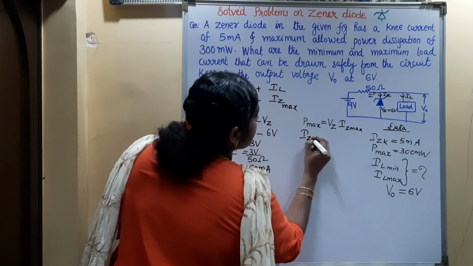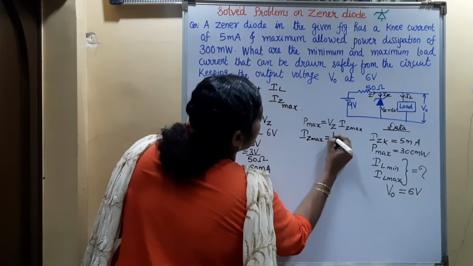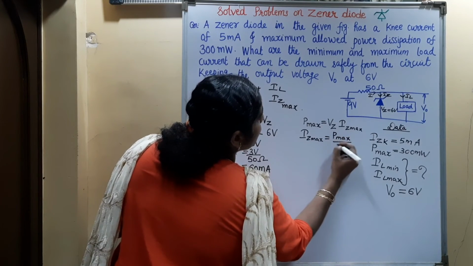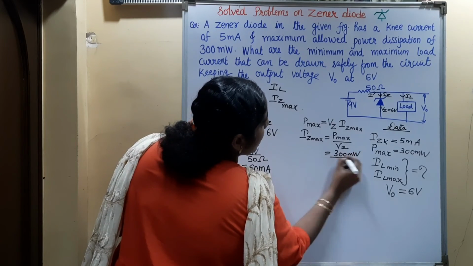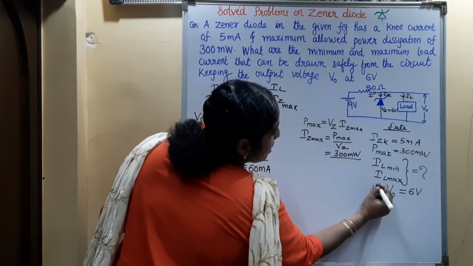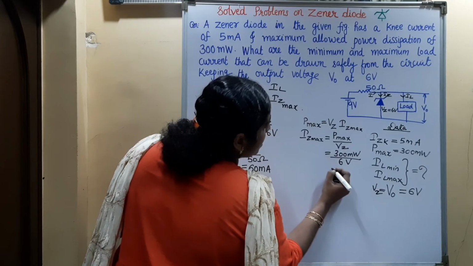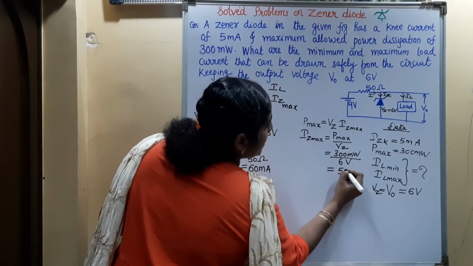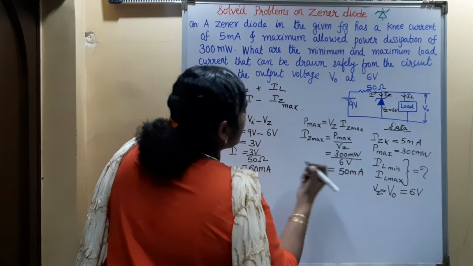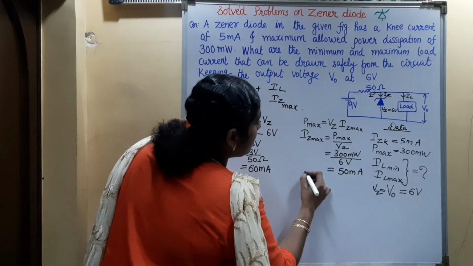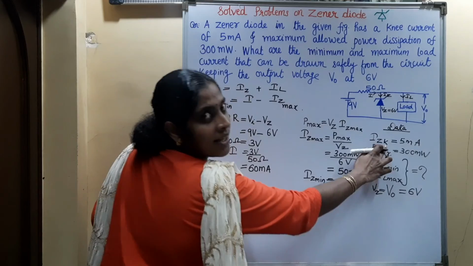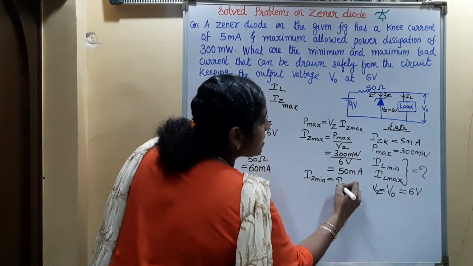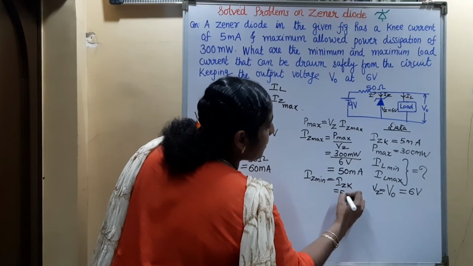So IZ maximum is equal to P maximum divided by VZ. P maximum is 300 milliwatt divided by VZ, that is VO, 6 volt, which is equal to 50 milliampere. Now we require the minimum value of Zener current. The minimum value of Zener current is the same as the Zener knee current, that is 5 milliampere.